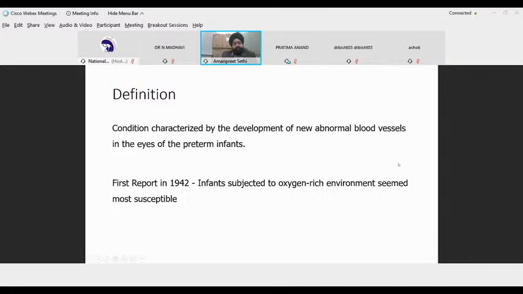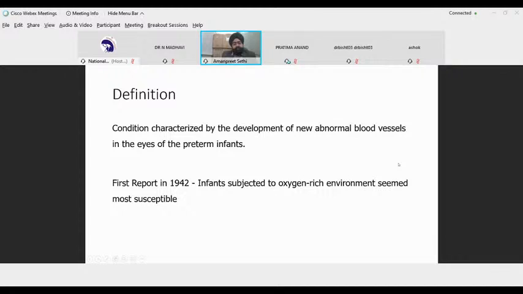They are leaky, and they are fragile, and they leak a lot of exudate in the retina, which leads to the formation of a scar tissue, and ultimately this scar tissue causes traction to the retina and retinal detachment. The first report was done in 1942, where the infant was subjected to oxygen-rich environment, and from that we get the association of oxygen-rich environment for the pathogenesis of ROP.